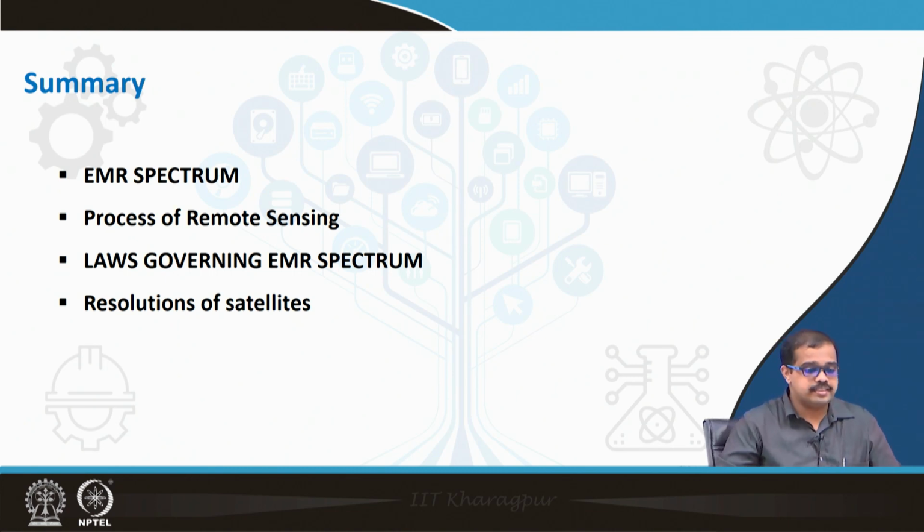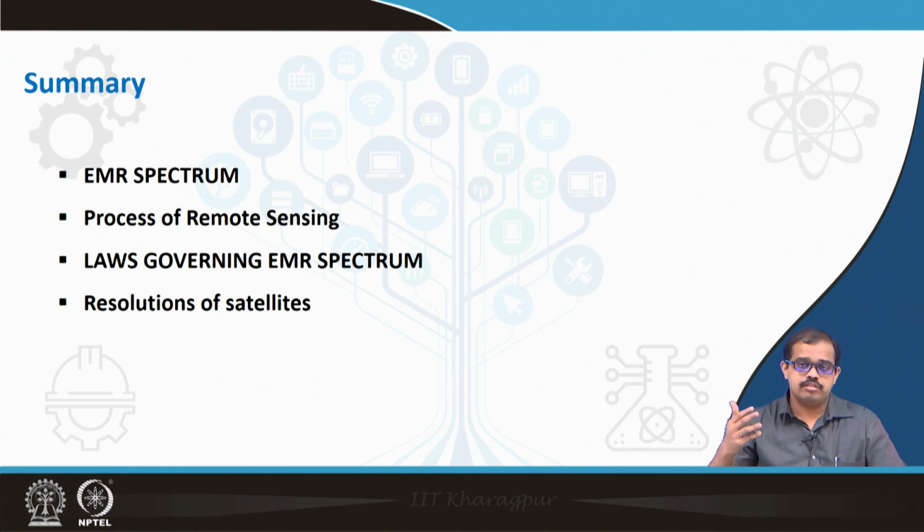So to summarize this particular class, we have looked at what you understand by electromagnetic spectrum. First, we looked at what is remote sensing, then different parts of the electromagnetic spectrum, then laws. We started with energy of a quanta, E is equal to h nu. Then we looked at Stefan-Boltzmann law and Wien's displacement law.